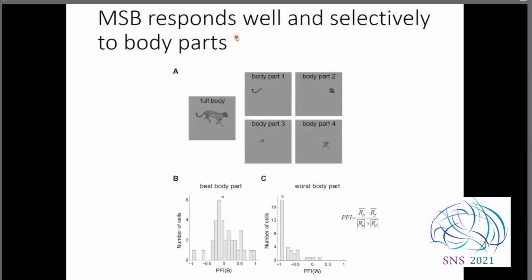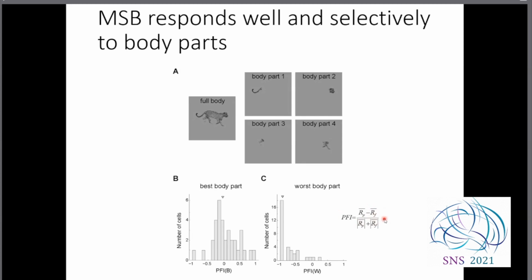We followed this up, testing the idea that a full body is not necessary to drive the response in MSB, but only parts, by presenting body parts alone, like here, and comparing that to the full body. For each cell, we could find a very good body part to which the response was more or less equal to the full body. What's plotted here is an index: the response to the part minus the response to the full body, divided by the sum of the two.